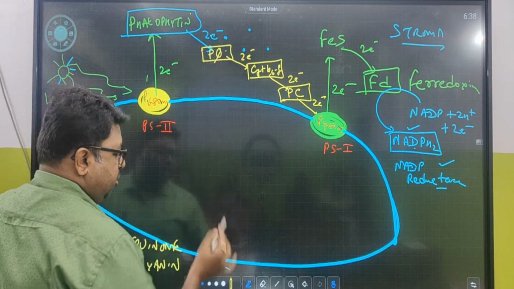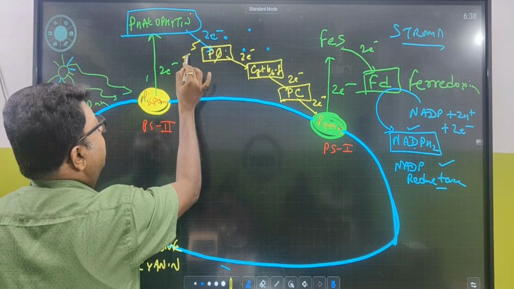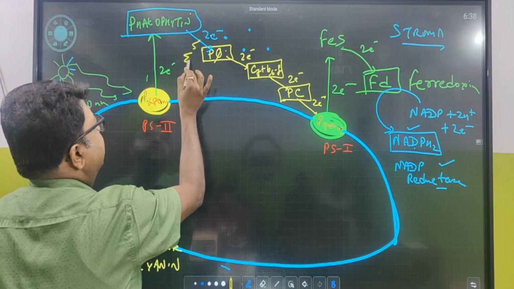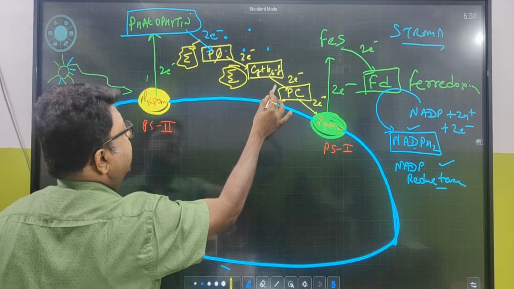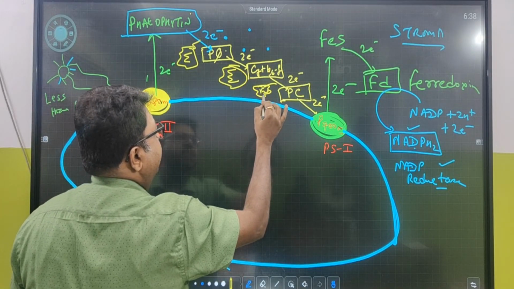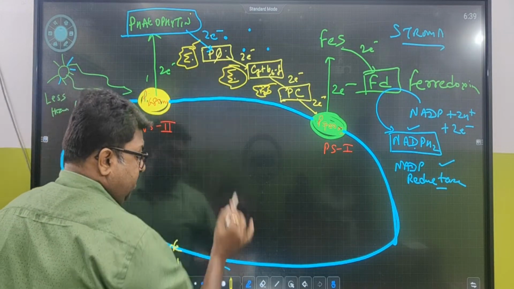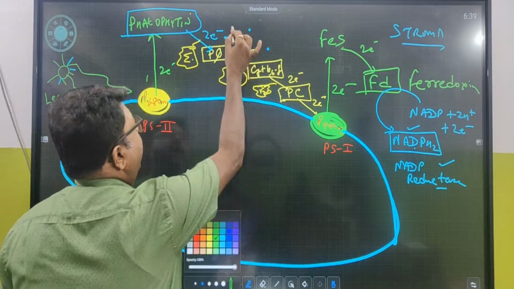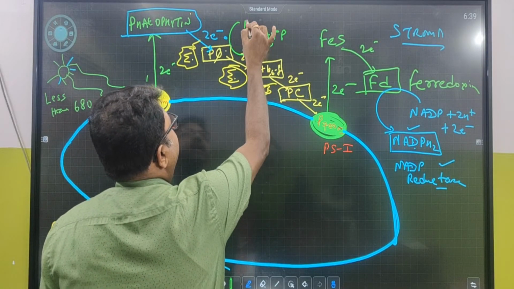During the flow of this electron from one acceptor to the other, a slight amount of energy is released. This is the energy released from here. And this energy is required for what? This energy is required to make ATP.